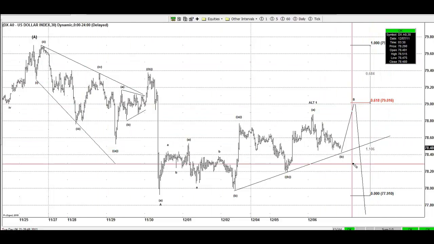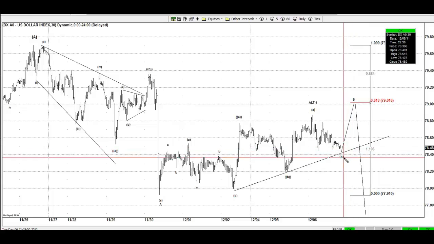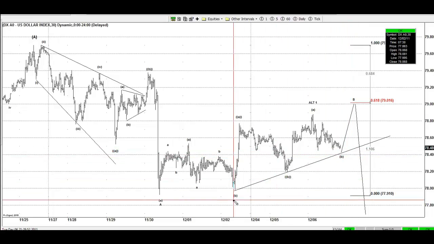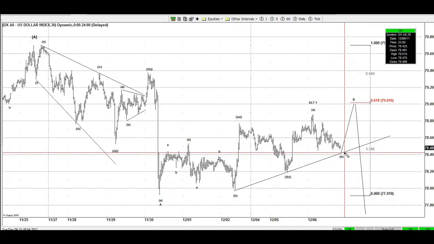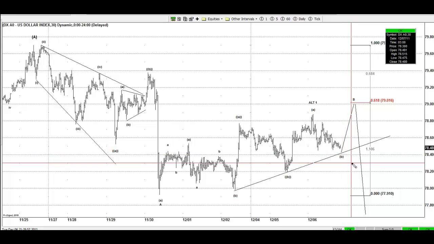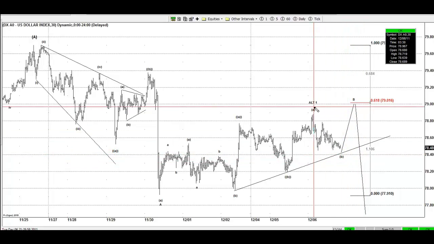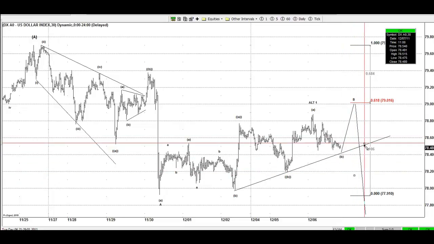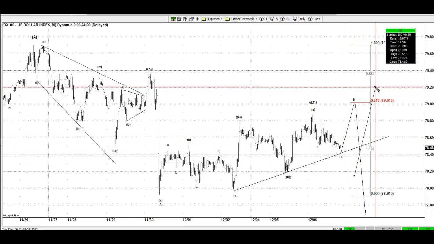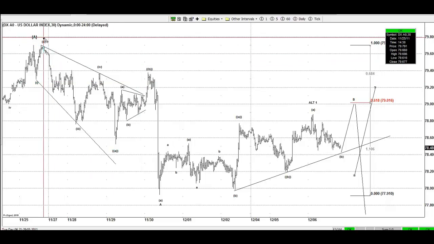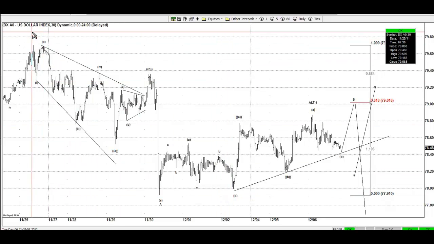That's an alternative scenario. Now, if you guys see that this trend line right here is taken to the downside, then most likely we have 1, 2, and then a possible 3, or this can be the whole move in the dollar.